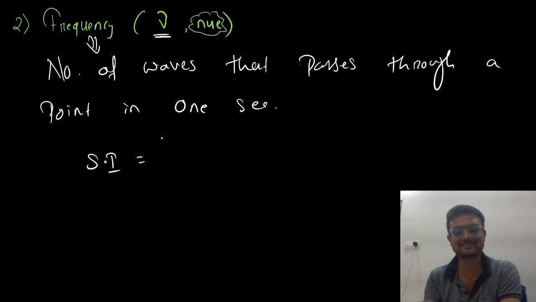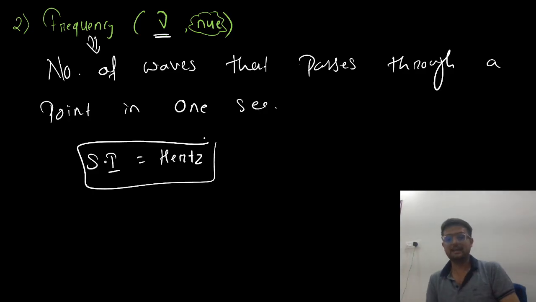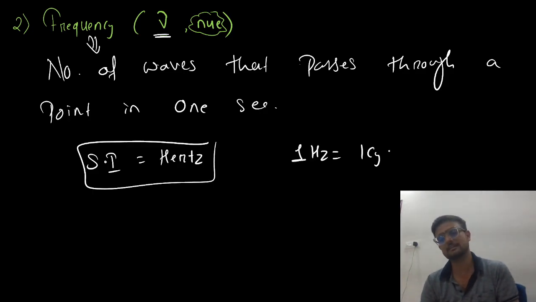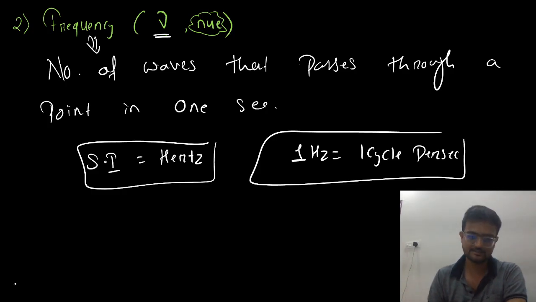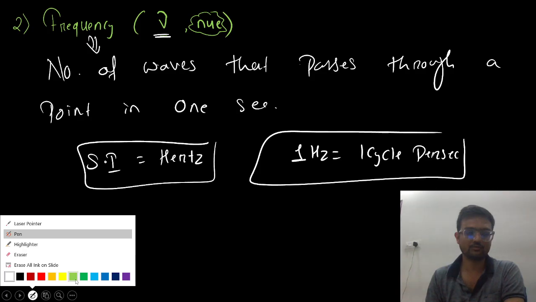The SI unit of frequency is hertz. And we say that 1 hertz is equal to 1 cycle per second. So one complete cycle in 1 second is equal to 1 hertz. I hope this is clear. Let's move forward to the next part.